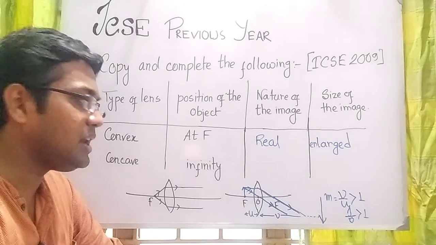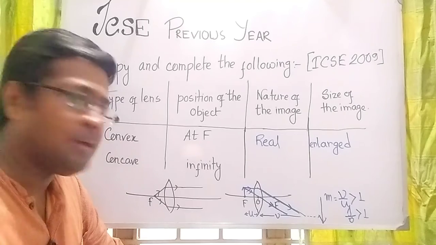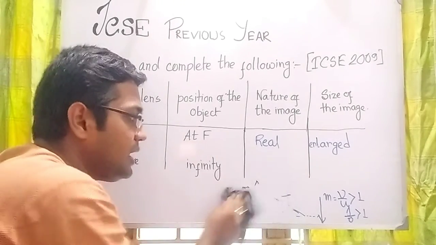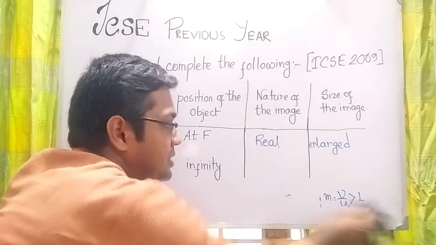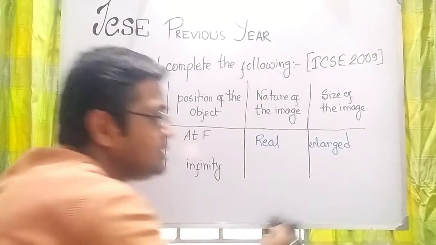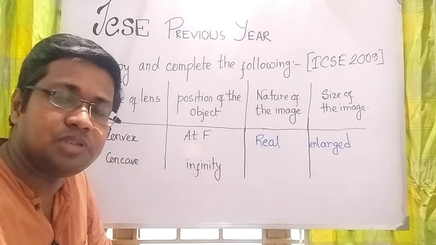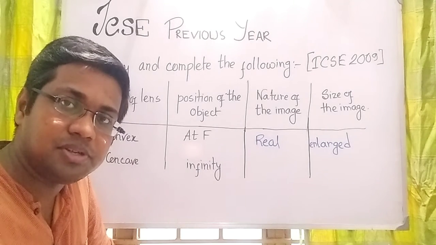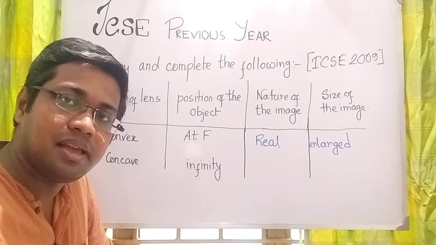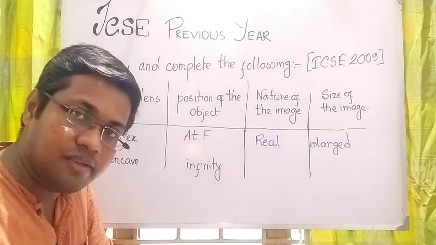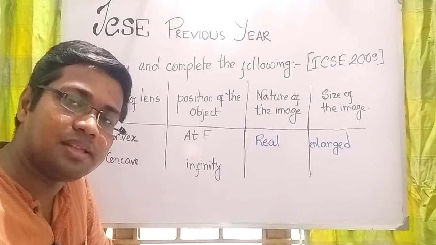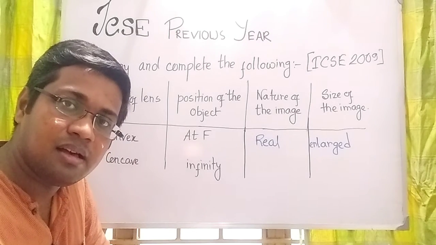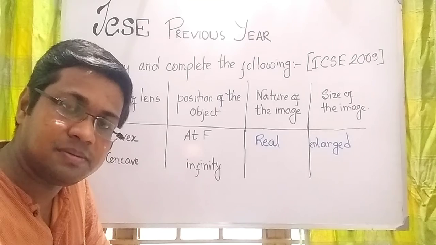Now it is the case of a concave lens. The object is placed at infinity. Now you tell me, if the object is placed at infinity, then the light rays coming from it, which type of rays? Parallel beam of rays. Since we have considered the sun as placed at infinity, you can say the light rays coming from the sun are a parallel beam of rays.